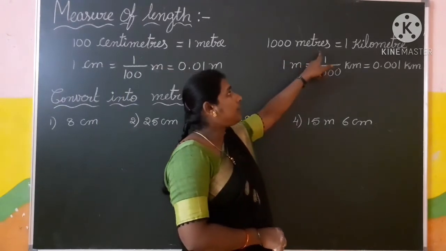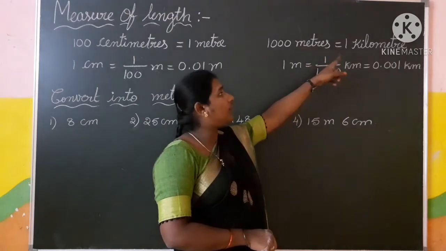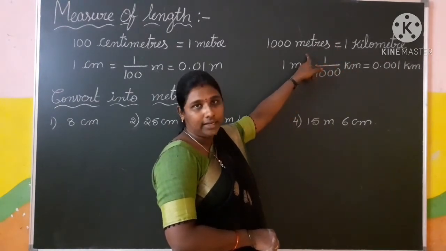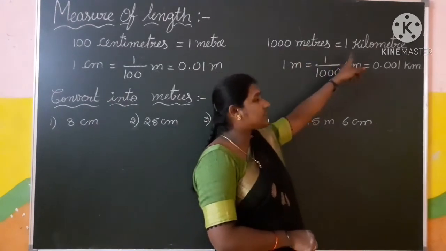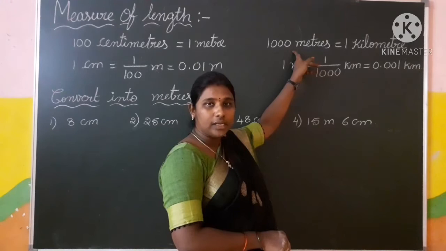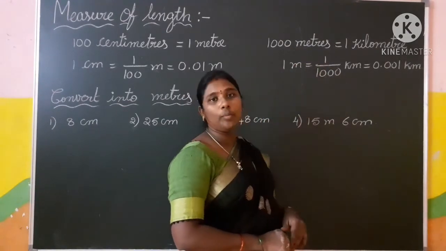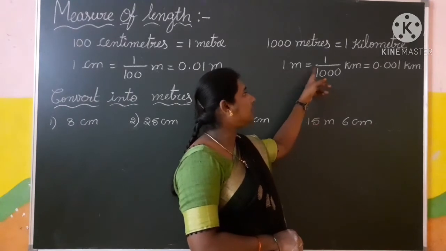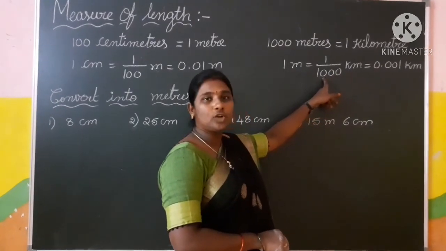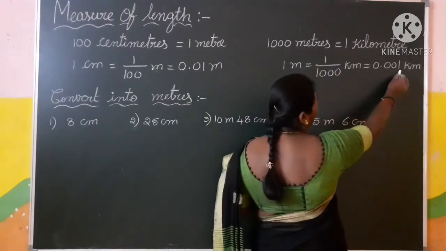Next, 1000 meters is equal to 1 kilometer. 1 kilometer is equal to 1000 meters. So 1 meter is equal to 1 by 1000 kilometers. Here in the denominator 3 zeros are there, so we should put 3 numbers after the point. But only one number is there, 1.